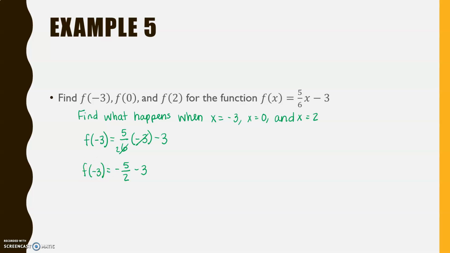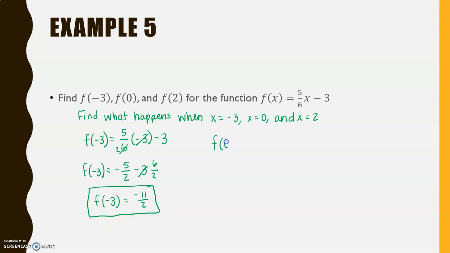We're going to leave it in fraction form the whole time. So I can rewrite 3 as 6 over 2 so that they have a common denominator. And I would get that f of negative 3 equals negative 11 over 2. And we're going to leave our final answer like this because it's actually answering the question of f of negative 3. What is it? It's negative 11 halves. So please include this in your final answer.